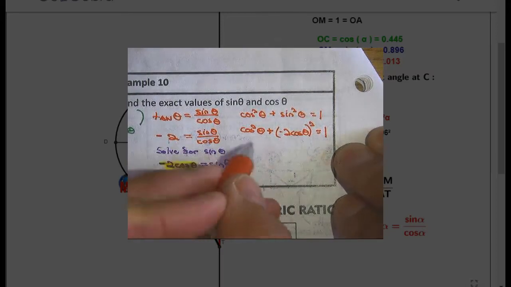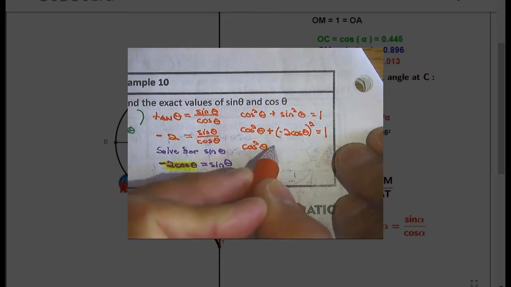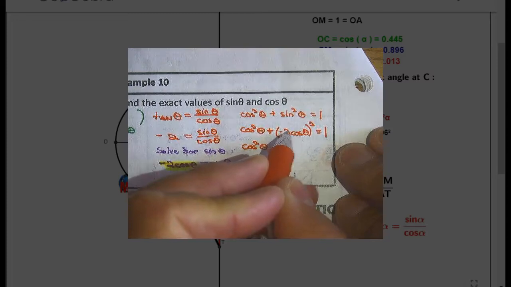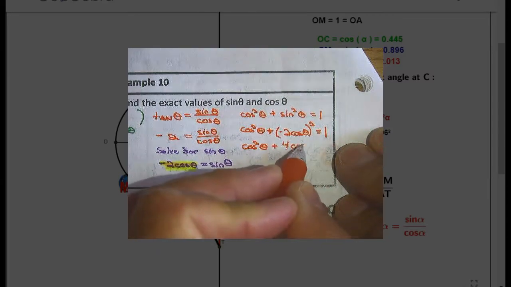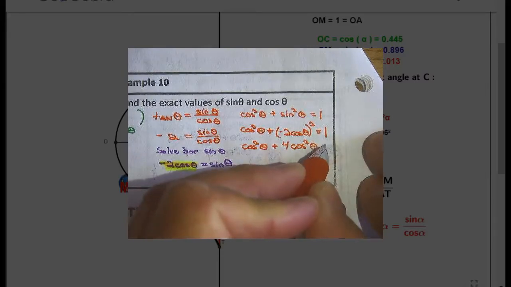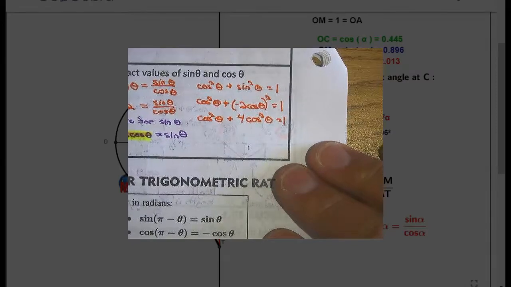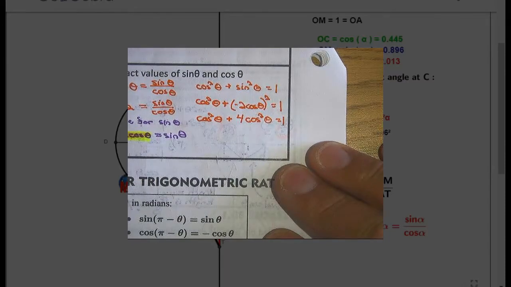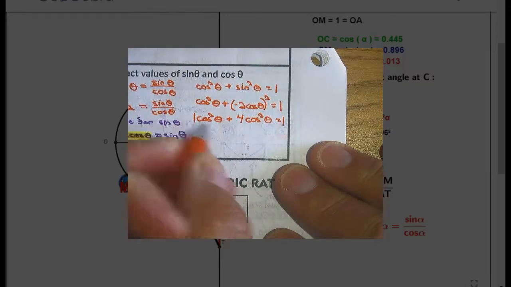Okay, now we solve this. So cosine squared theta plus negative 2 squared, 4, and then cosine squared. All right, now combine like terms.